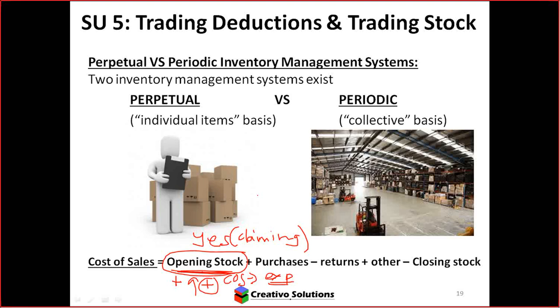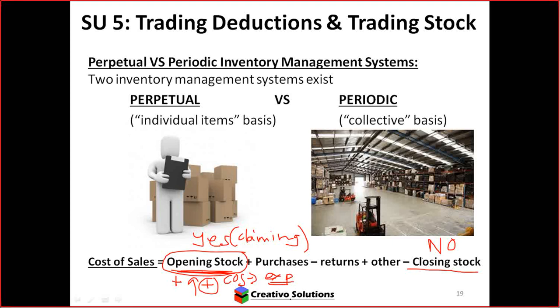Will I be allowed to claim my closing stock? No, sir. Why not? Because it's being deducted from your cost of sales. It hasn't been incurred as an expense as part of your cost of sales. Closing stock means we've still got stock sitting on the shelf that wasn't sold.